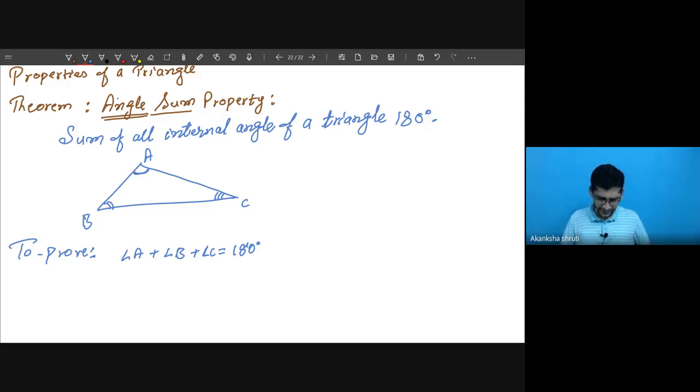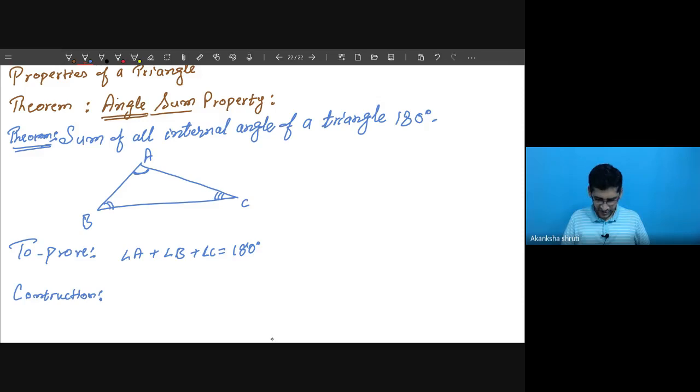For that we have to make a construction. So what is the construction? Student, these are the order of writing. This is the theorem that I have written, or the statement of the theorem. What is to be proved? So the statement itself is written in mathematical form.